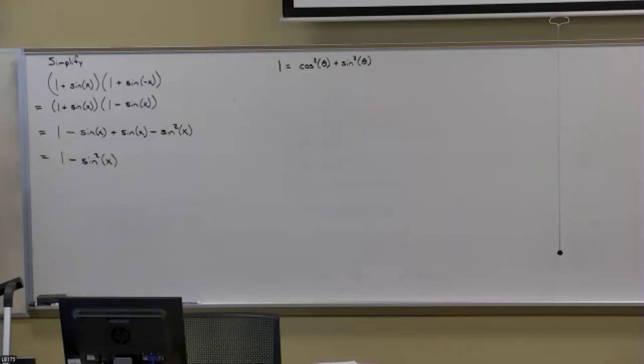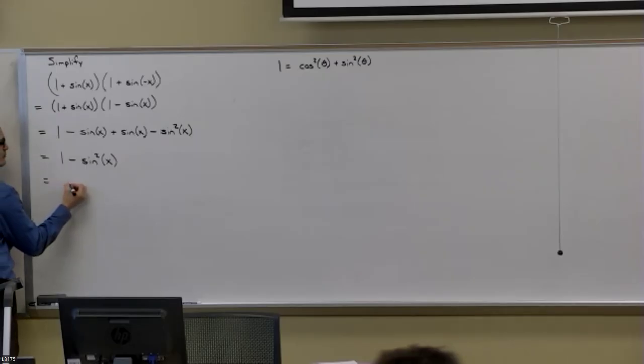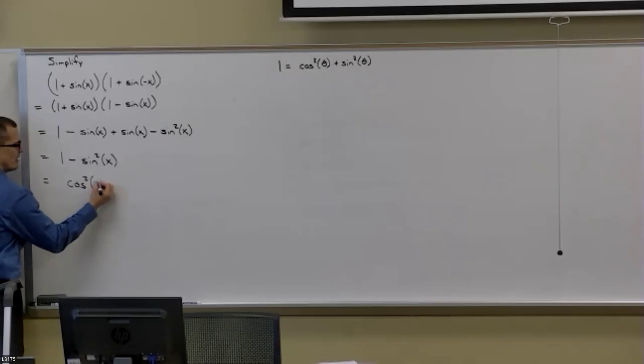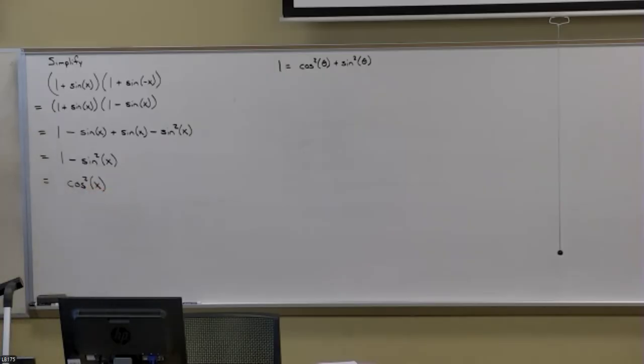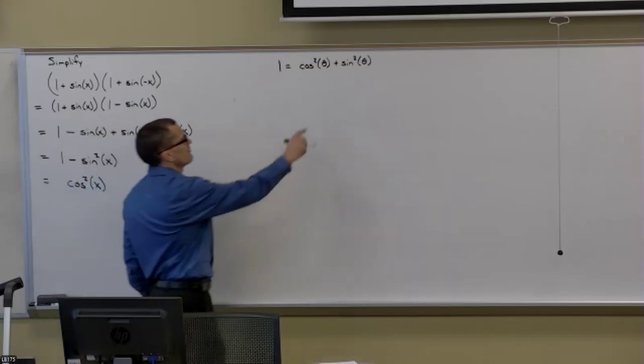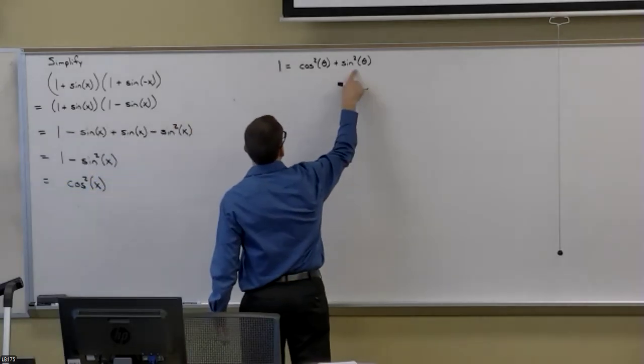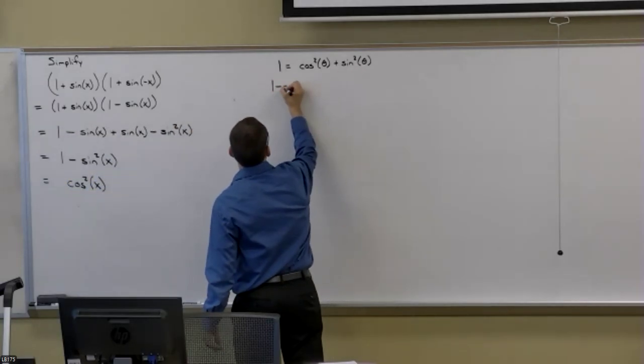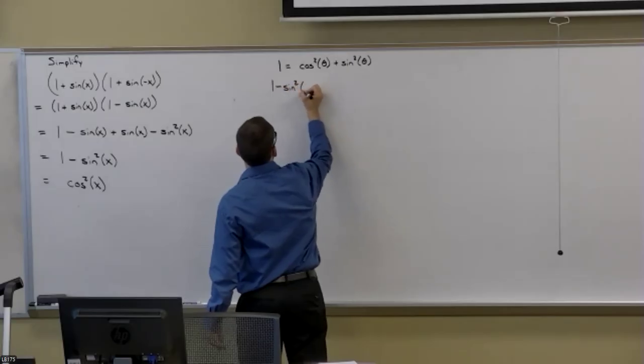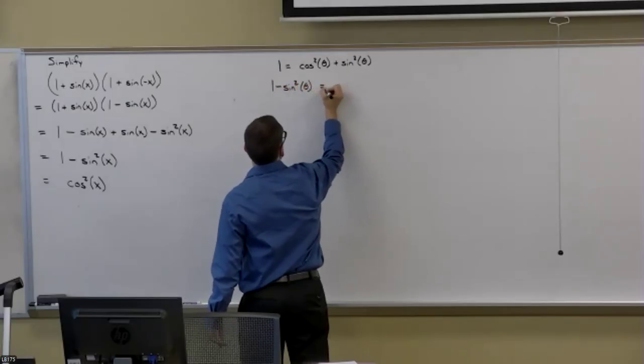If I want to rewrite this, one way I could rewrite this is as cosine squared of x, if I want to make it a monomial term, a single term. Does everybody understand where I'm getting that exchange from? I'm getting it from my Pythagorean identity, where I just subtract sine squared from both sides.